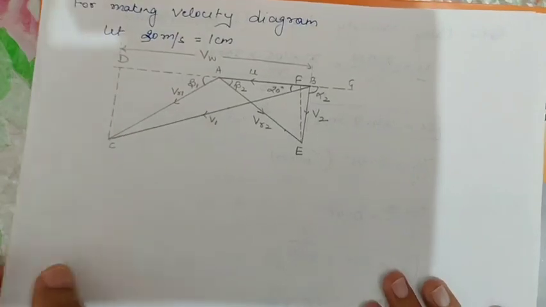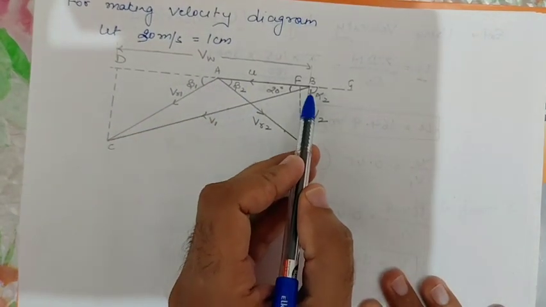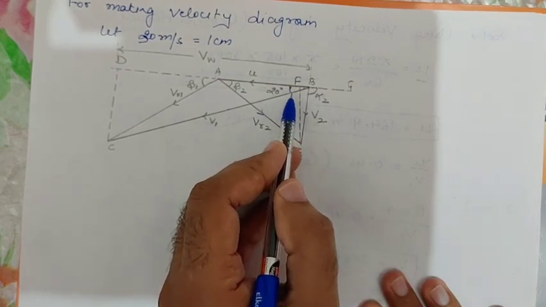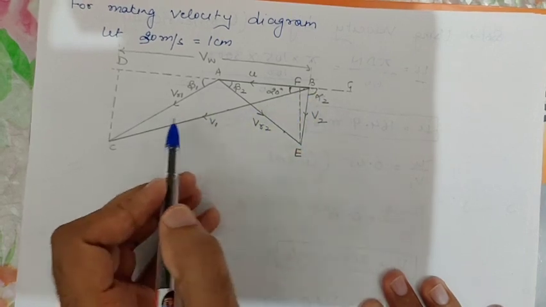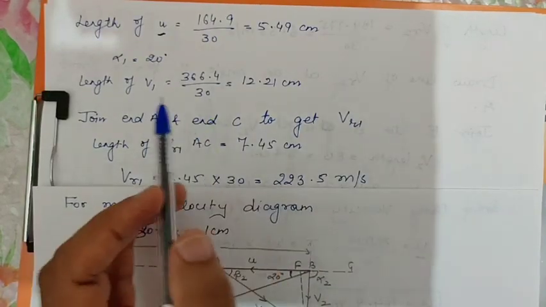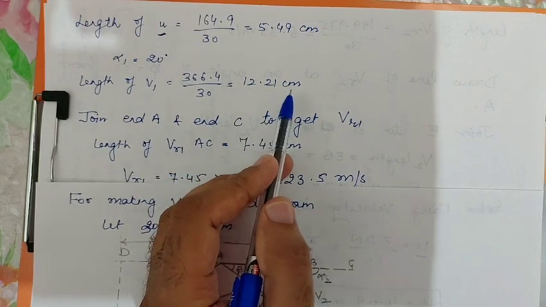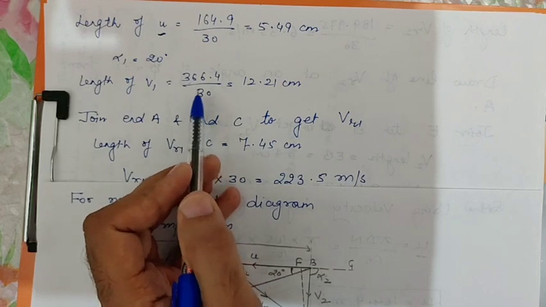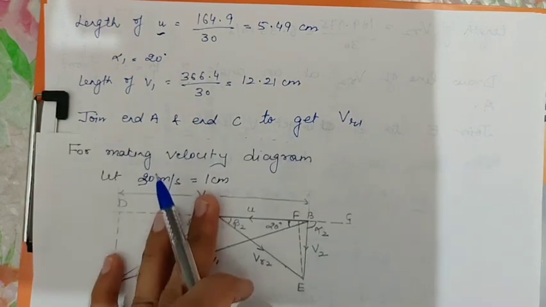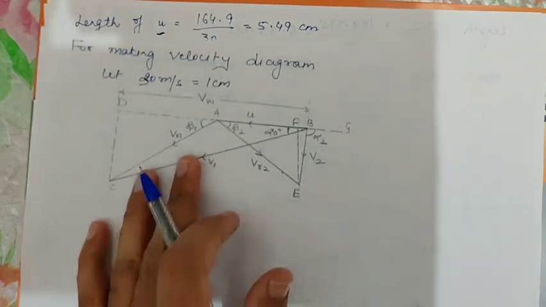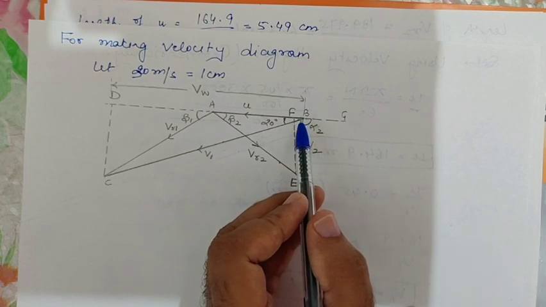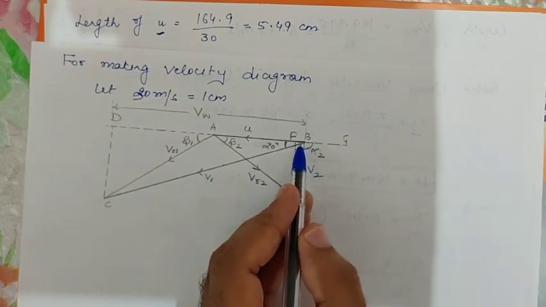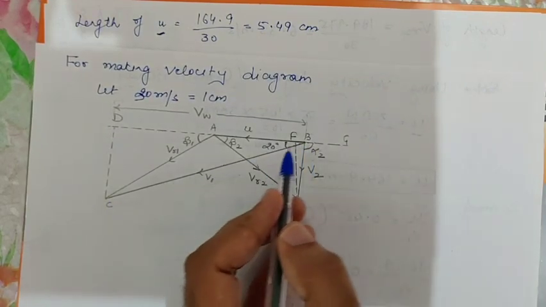So from B we take an angle of 20 degree, that is alpha 1, and we draw a line of 12.21 centimeter, that is the value of V1 divided by 30, because we have taken the scale 30 meter per second equals 1 centimeter. This is V1.